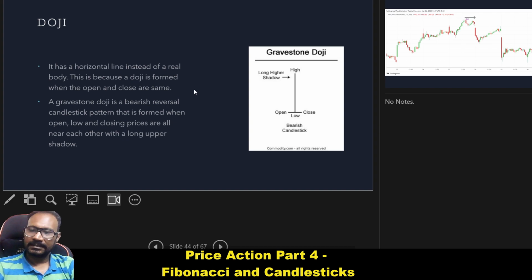This is a bearish reversal candle. Usually, when the market is going up, you see this formed at the top. This sort of candle forms at the top and says that there has been a complete rejection at the top, and the market might likely come down. So Gravestone Doji usually happens at the top, right?